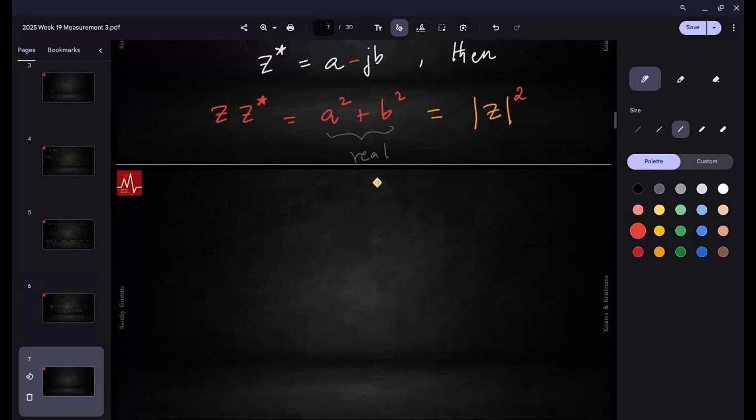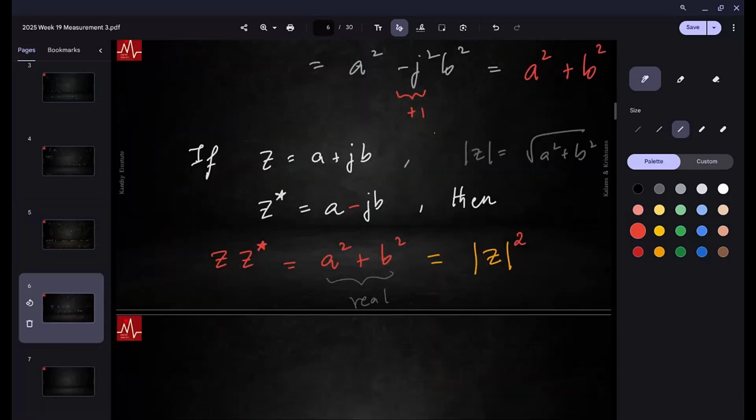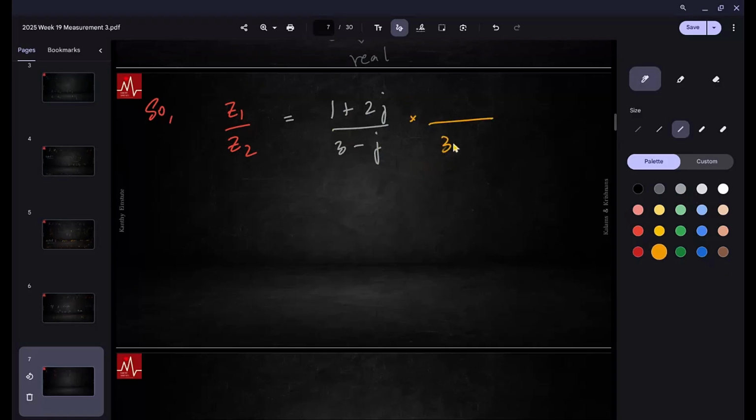Okay, so let's continue that problem. What we have here is 1 plus 2j by 3 minus j, right? What we're going to do is multiply and divide by the complex conjugate.